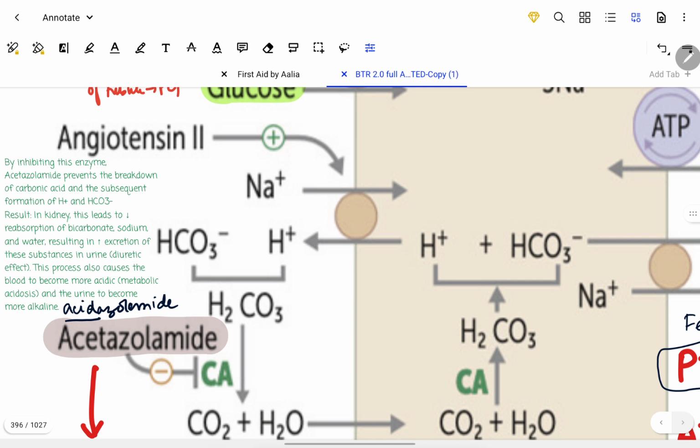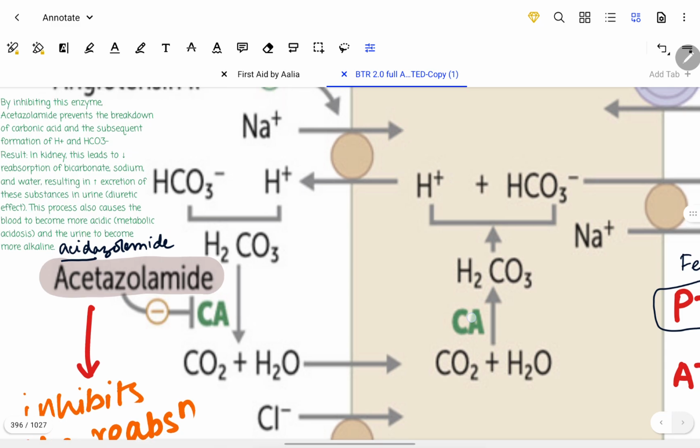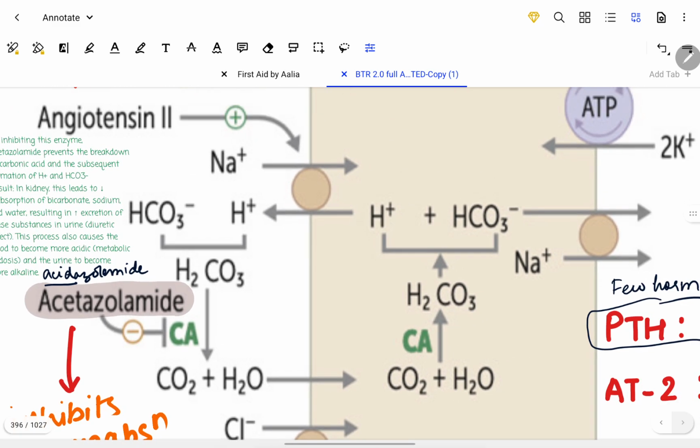Now, carbonic acid in the presence of carbonic anhydrase breaks into CO2 plus H2O, which was further getting reabsorbed inside. Then it was again forming H2CO3 in the presence of carbonic anhydrase, and it was further breaking down into H plus plus HCO3 minus. So basically, H plus is at the end getting excreted, entering into the urine. But what's happening with the bicarbonate?